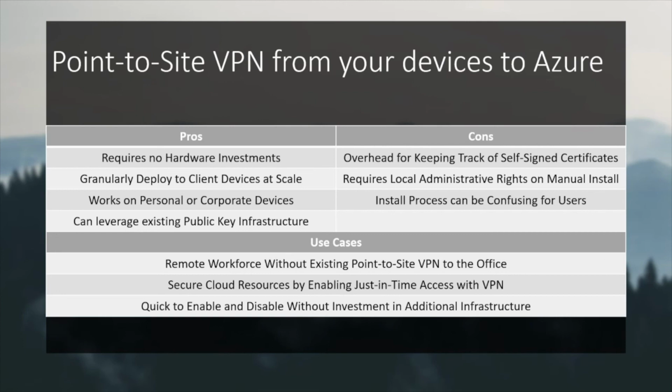So by enabling your users with the point-to-site, that connection is secure because they only ever turn it on when they need it, and they can only ever turn it on when they're authorized to their computer. And lastly, it's very quick to enable and to disable without additional investment in time and infrastructure costs to your organization.